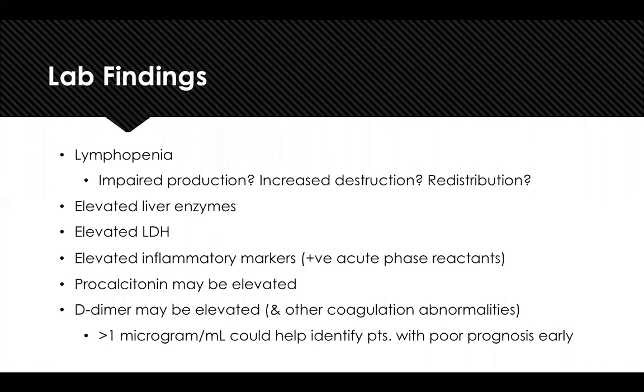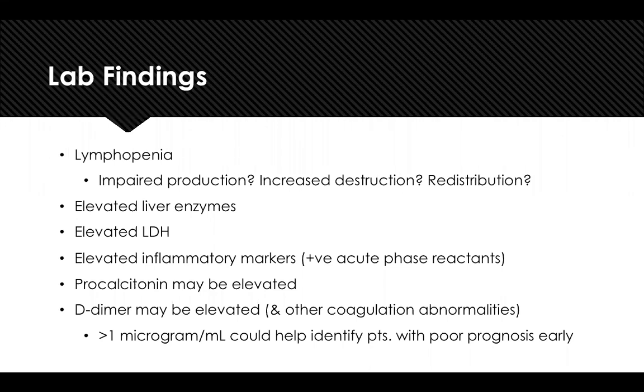And it's important when we talk about D-dimers because studies, like a huge meta-analysis that was done, found that if you have D-dimer levels greater than 1 microgram per milliliter, that can be used to identify patients who have a poor prognosis early on, because it's indicating that these people are going into hypercoagulability.